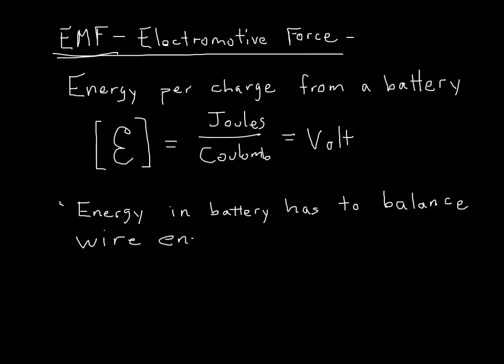So the energy inside of the battery has to be equal to the energy that goes into that wire. We write this in equation form as the EMF, curly E, plus the change in potential inside of the wire is equal to 0. The energy in the battery is given to the energy in the wire in terms of a potential, and that adds up to a 0 total change in energy.